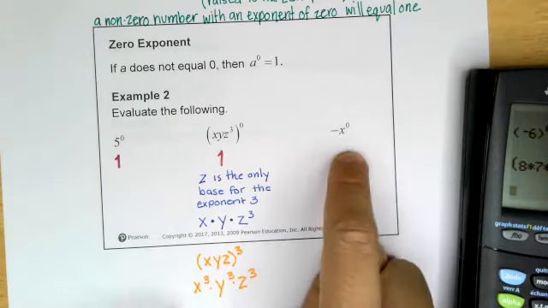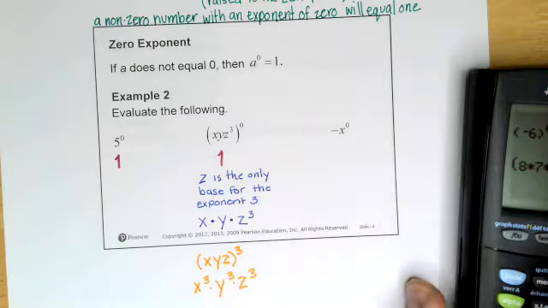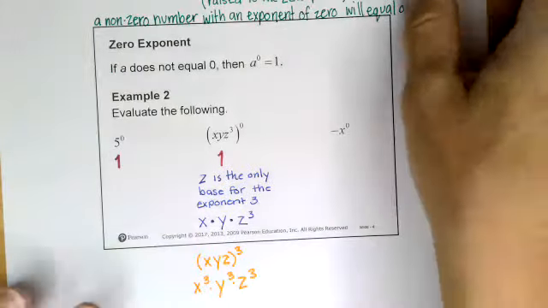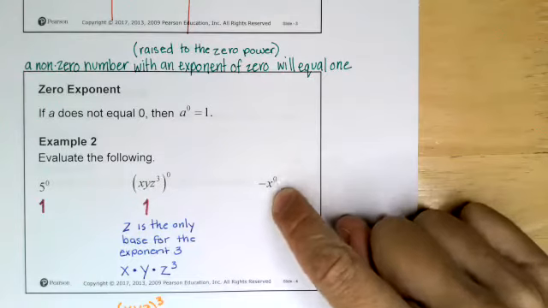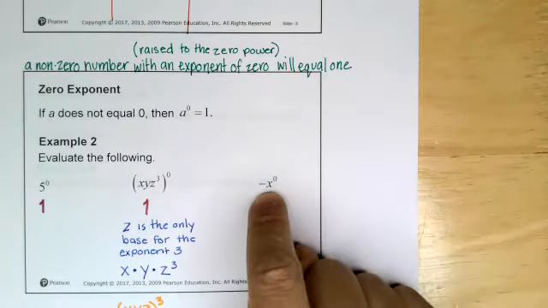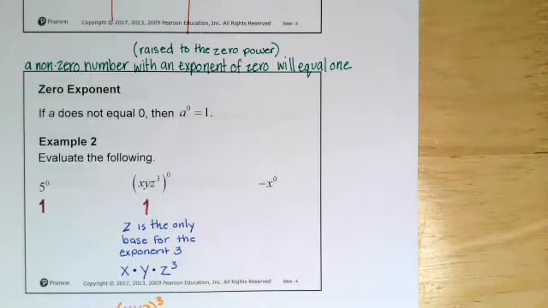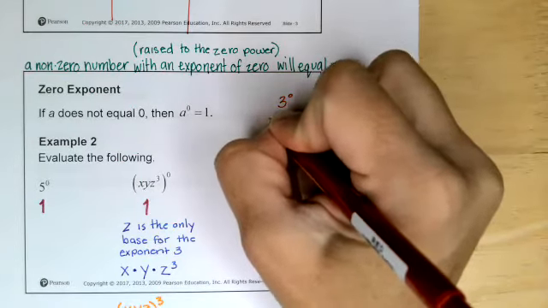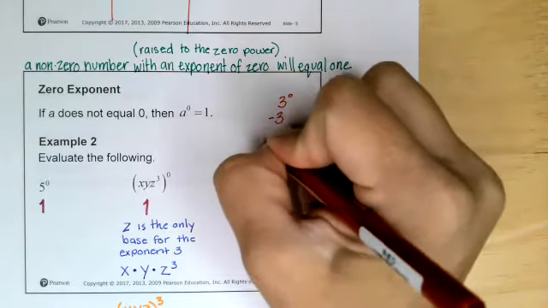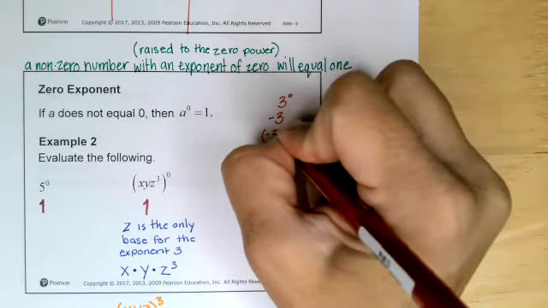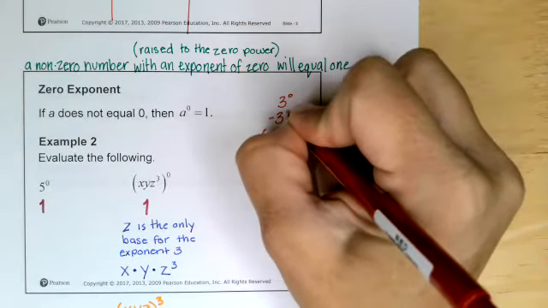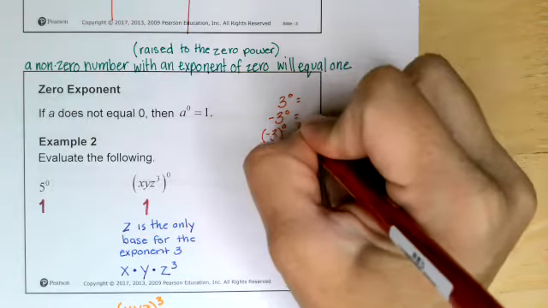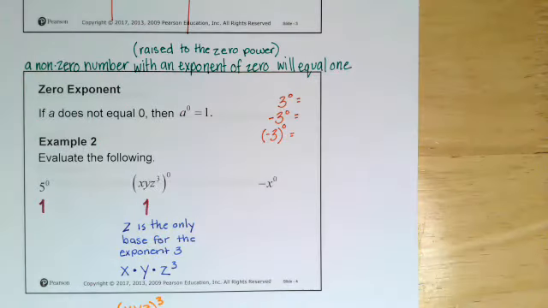So for this one, for this 0, the only base is the x. It's not the negative sign. Let me give you 3 different pictures. So we have 3 to the 0, negative 3 to the 0, and parentheses, negative 3 to the 0. How are these different?